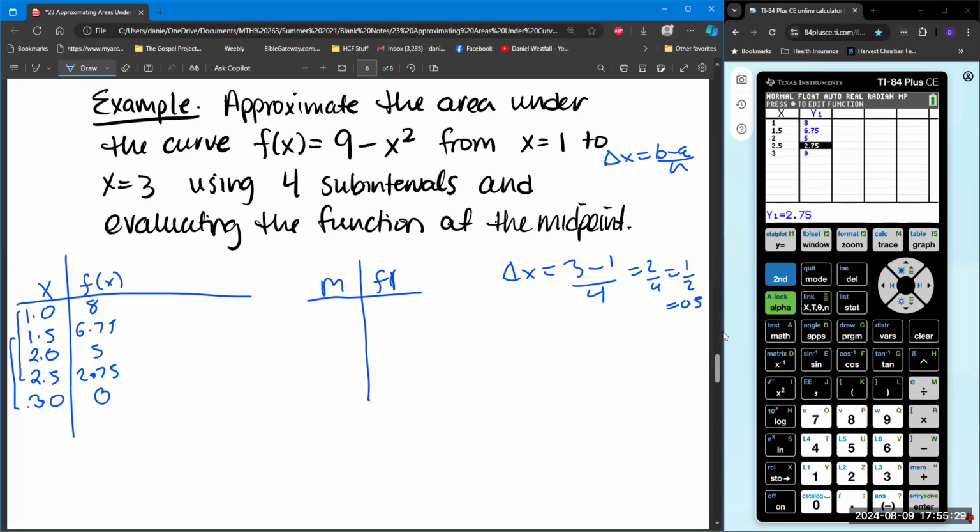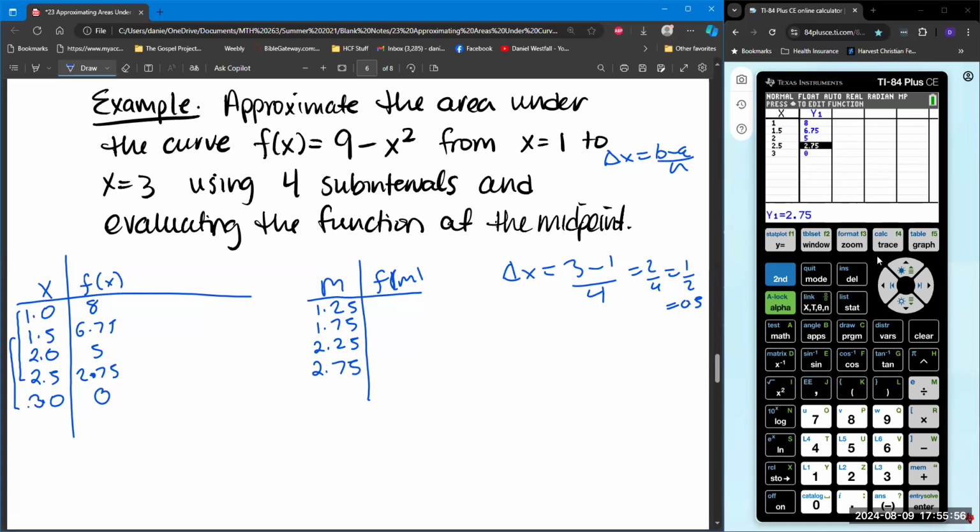So the midpoint between 1 and 1.5 is going to be 1.25. I'm still going to keep the distance of 0.5 each time, so this is going to be 1.75, 2.25 and 2.75 will be my 4 midpoints.